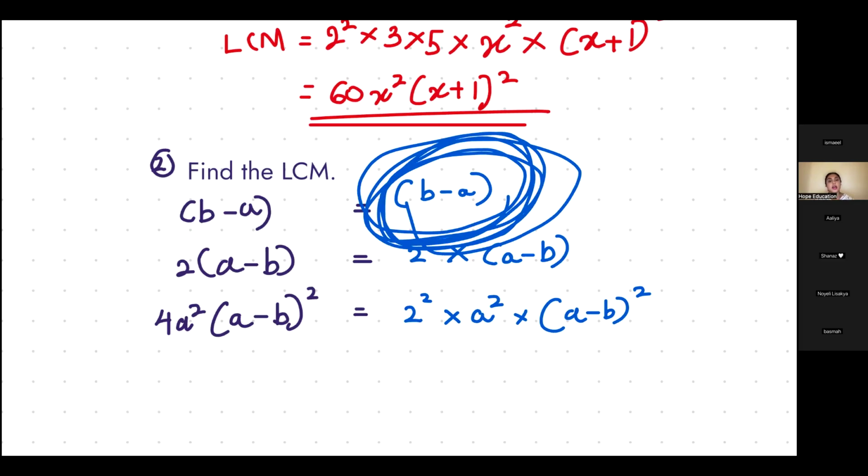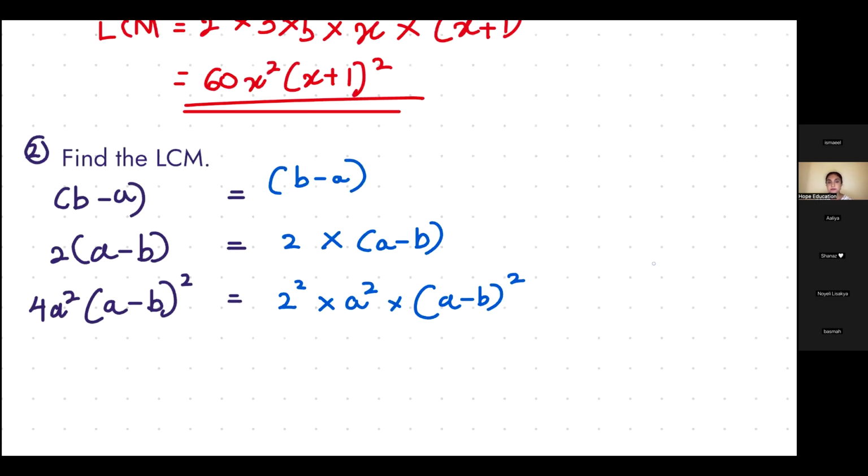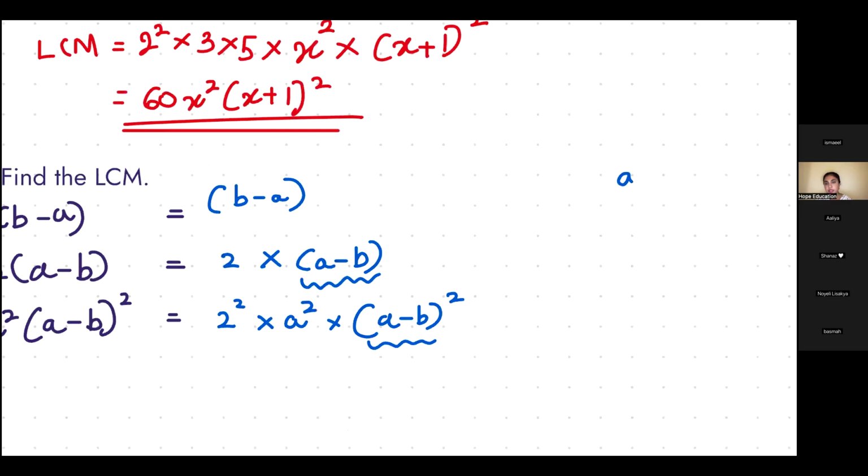Look, here a minus b, here also a minus b. If you take a minus b, in front of a we have plus, in front of b we have minus. But here we have b minus a: in front of b there's plus, in front of a there's minus. The signs have changed, right?